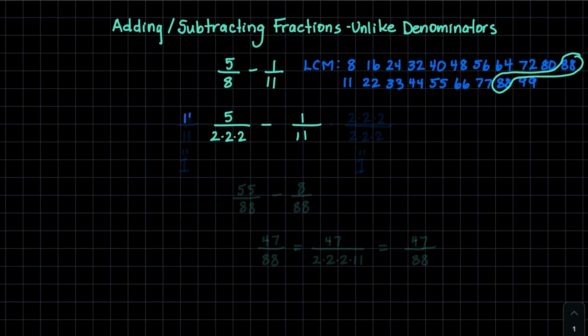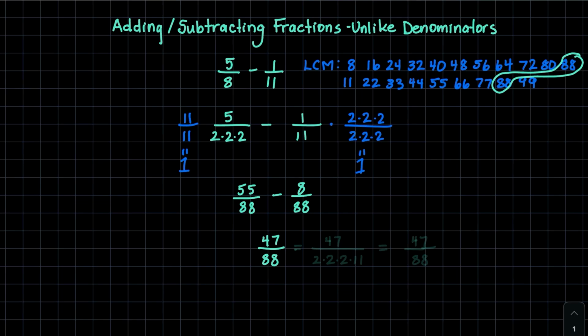So we'll see this side needs an 11, and this side needs 3 2s, which is the same thing as multiplying one side by 11 and the other side by 8. So we have 55 over 88 minus 8 over 88. That leaves us with 47 over 88 because we have the same sized pieces now.